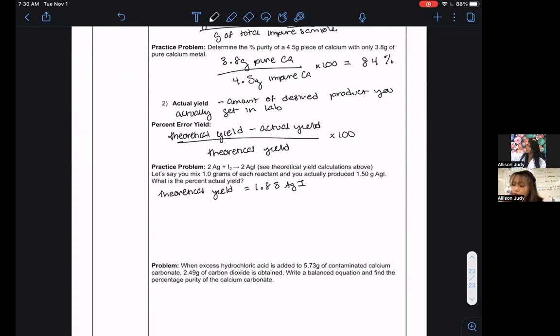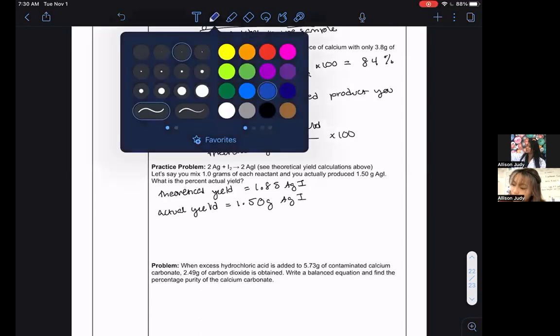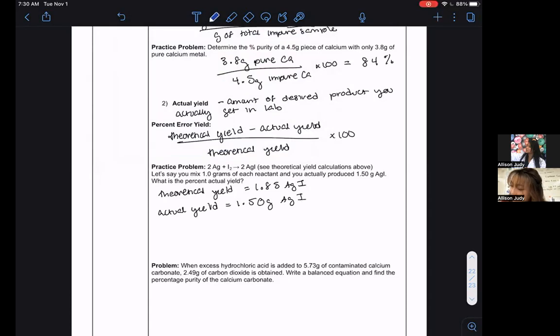But we are told that our actual yield, what we actually got in lab, is 1.50 grams of AgI. So for percent error, we're going to say theoretical minus actual. So 1.85 minus 1.50 grams, all over our theoretical, 1.85 grams, times 100%.